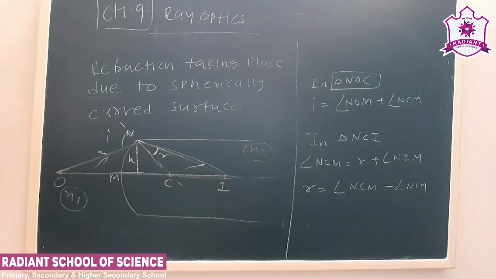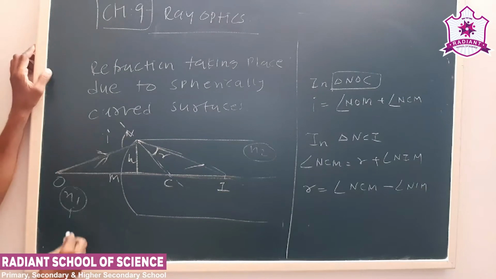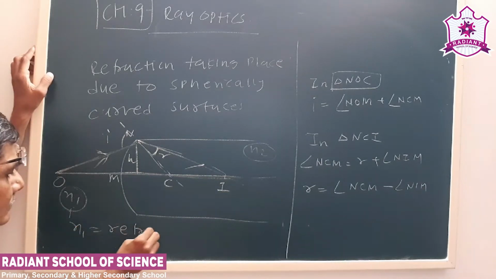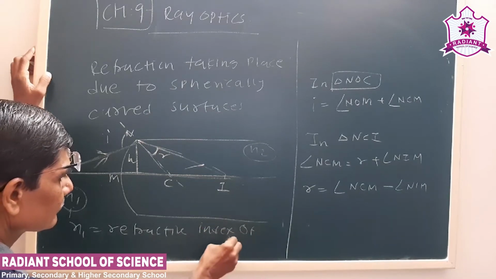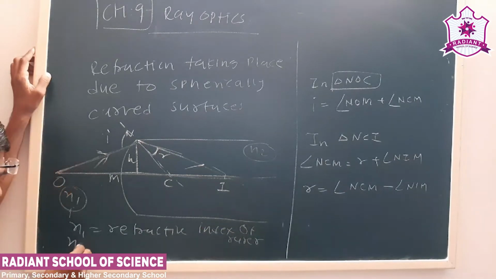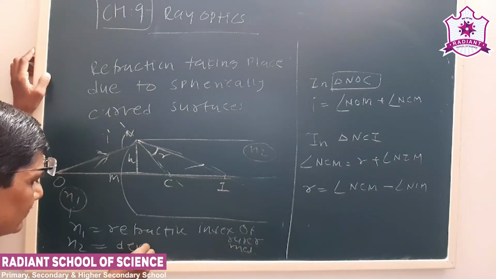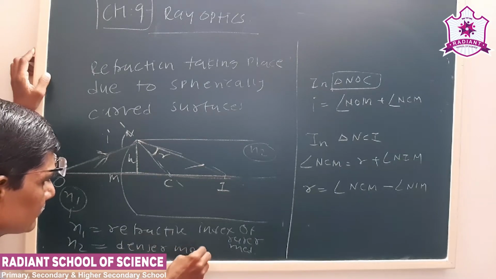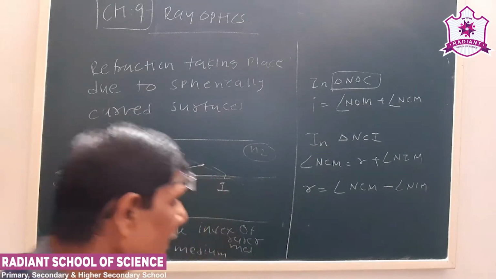Now we have got i, the angle of incidence, and we have got angle r, the angle of refraction. N1 is the refractive index of the rarer medium and N2 is for the denser medium. Now you have to use Snell's law.